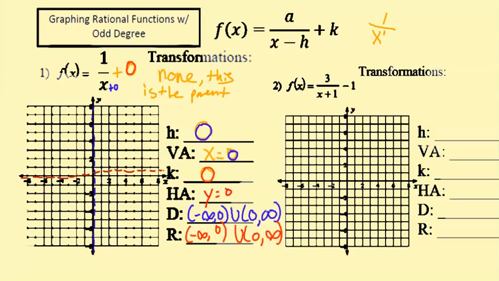And then from there, we'll have one line in quadrant 1 and one curve in quadrant 3. If you don't have a graphing calculator nearby, you could also plot some points on a T-chart to make sure that it's in those two quadrants and not in 2 and 4 instead.